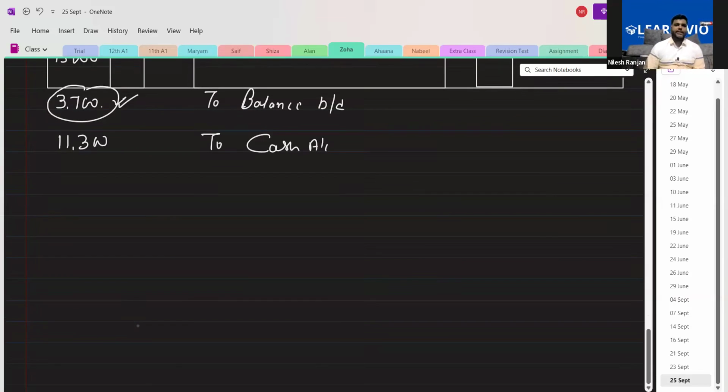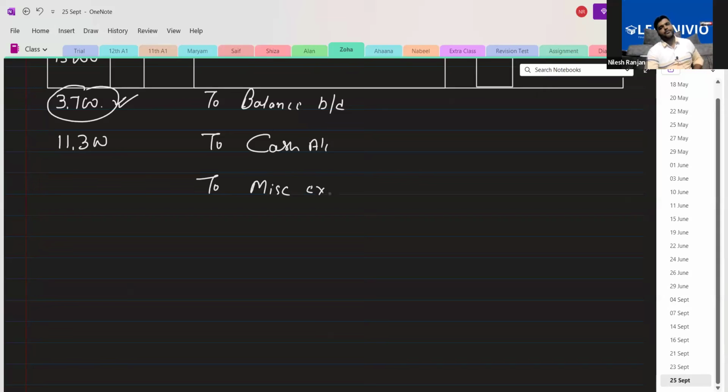Okay, again in the next month he will spend some money. So let's say miscellaneous expenses, it is like 13,100. Again we will calculate total. The total is 15,000. 15,000 minus 13,100, so 1,900.